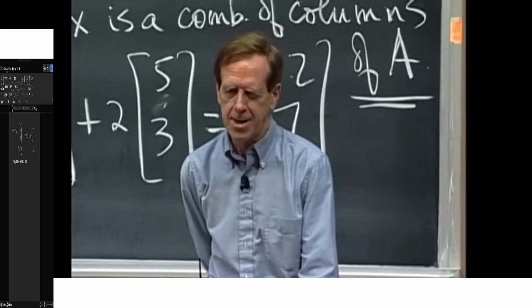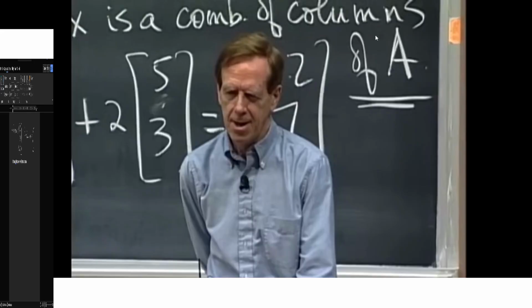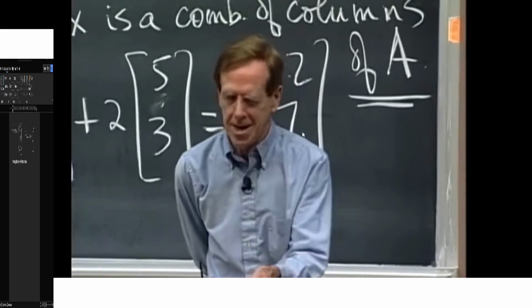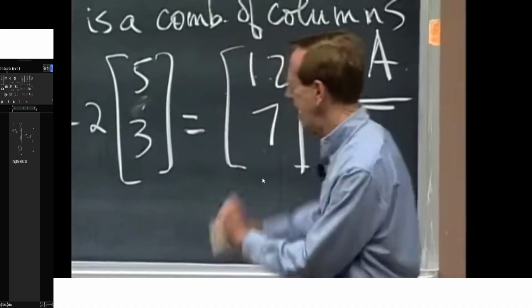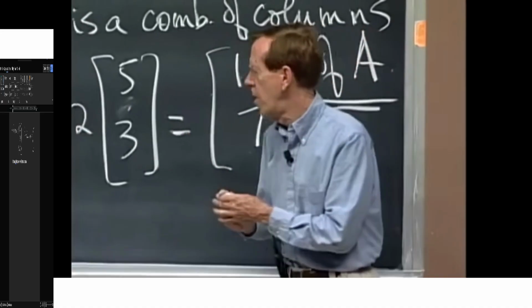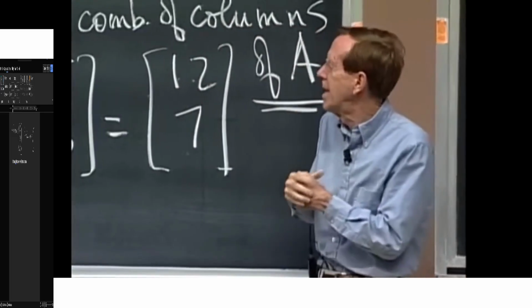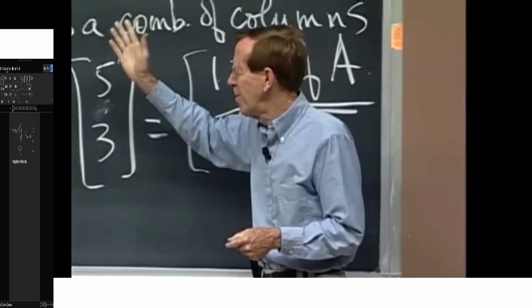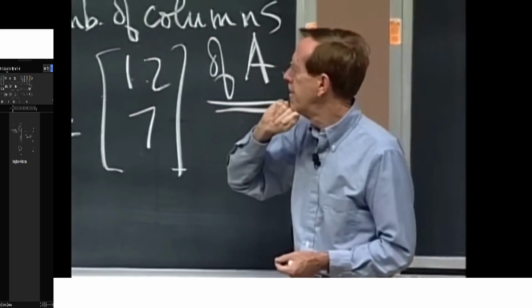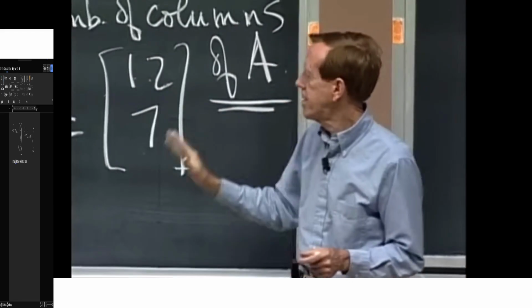It's a combination of columns of A. We're combining the columns with x. Right now, with small ones, we can always do it in different ways, but later think of it that way.